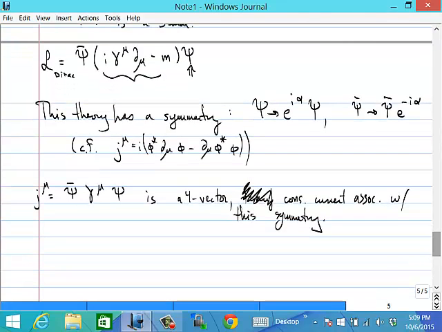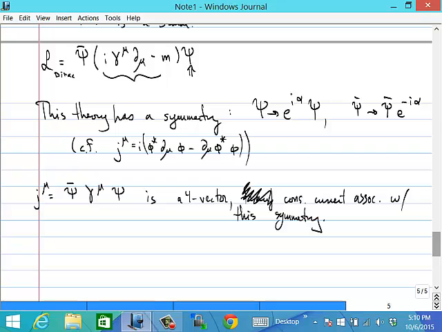Just as for a complex scalar field, the symmetry was associated with the fact that the particles you get when you quantize the complex scalar field will carry a charge. The particles that we get when we quantize a Dirac spinor will carry a charge. In particular, they will be positrons and electrons.